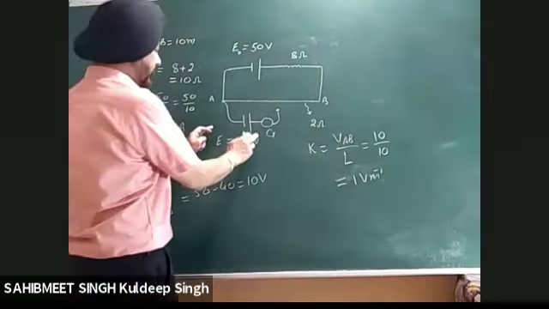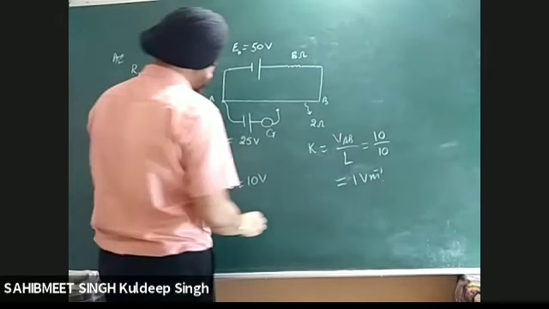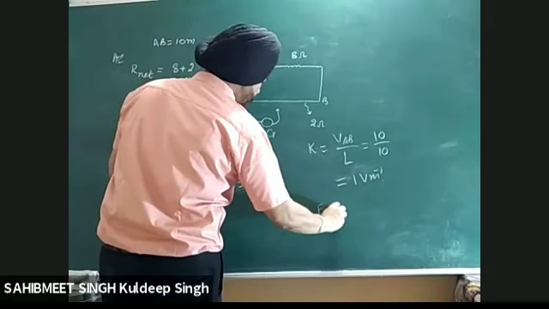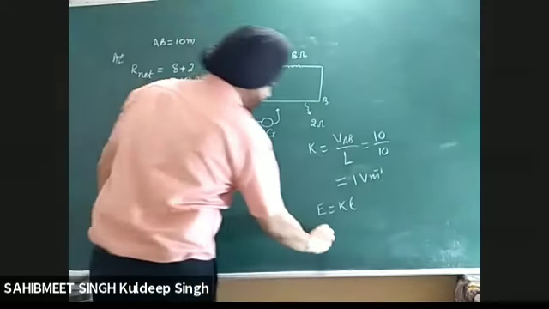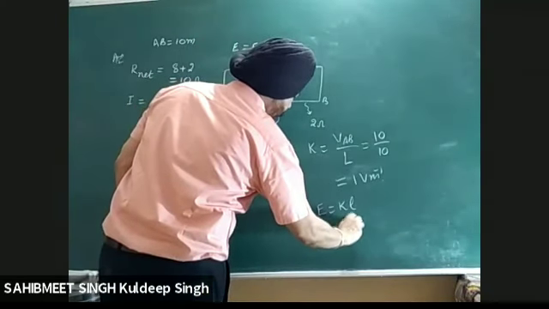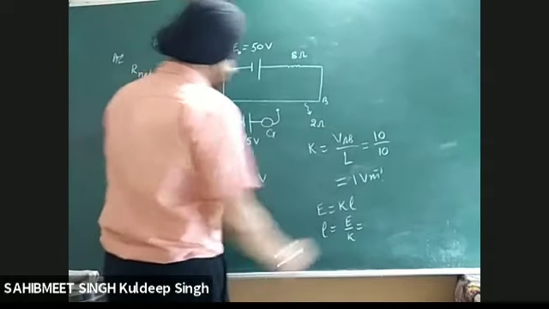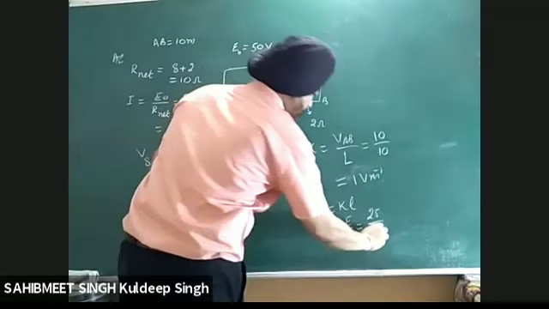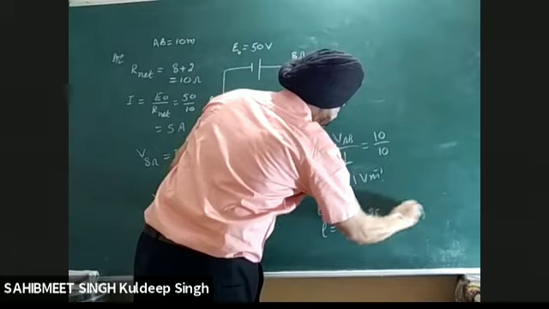How much length is required to balance it? For the balance point, the formula is E equal to K into L, so L equal to E by K. What is E? That is 25, and K is 1. The length required is 25 meter.